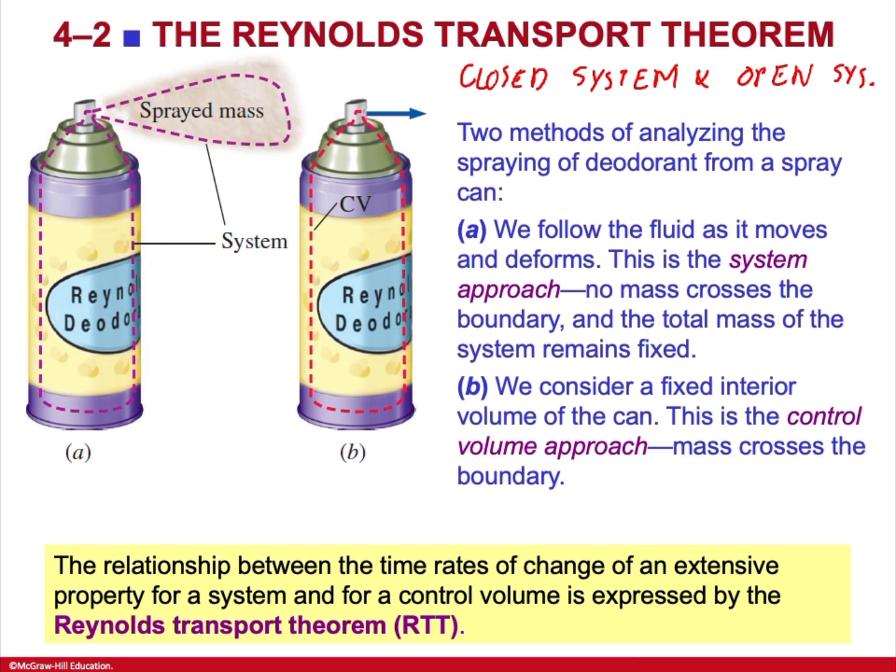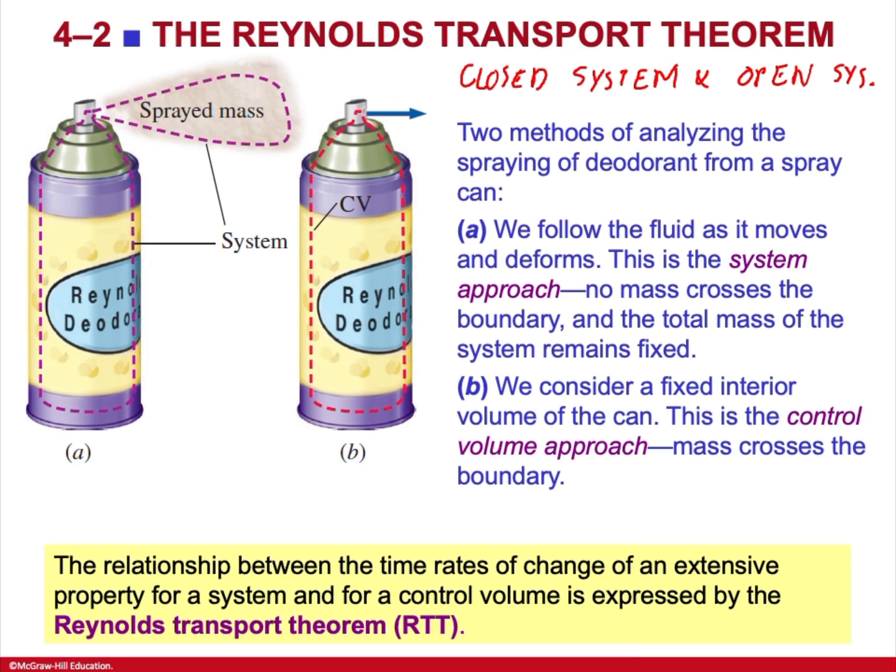A closed system is one where there is no mass transfer or mass flux through the boundaries of the system, whereas an open system allows for mass flux through the boundaries of the system that you're looking at. These form the basis of what we are going to do next.